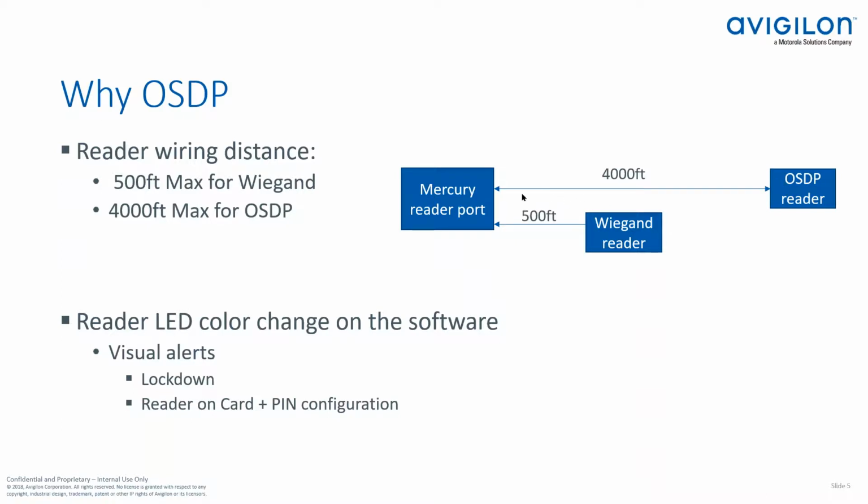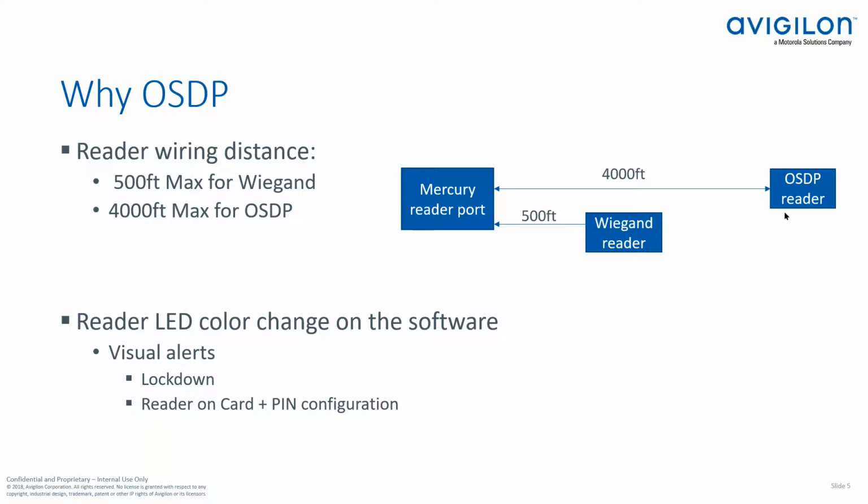Obviously, this is a controlled environment in a lab. I would not suggest anyone go all the way to 4,000 feet on that. And also power, right? If you're doing this, you need to power this reader locally. We'll cover more about power and some limitations, things that we need to do, along this presentation.